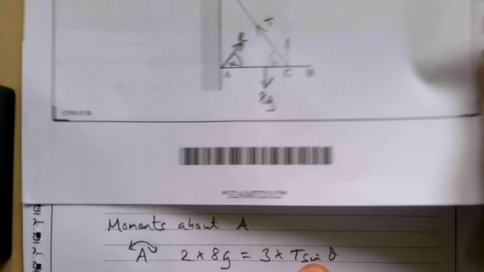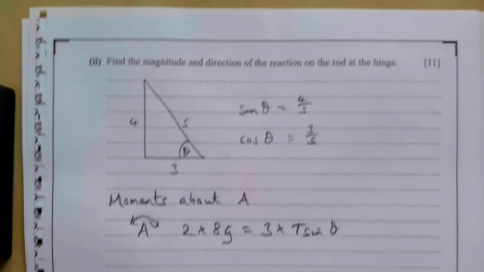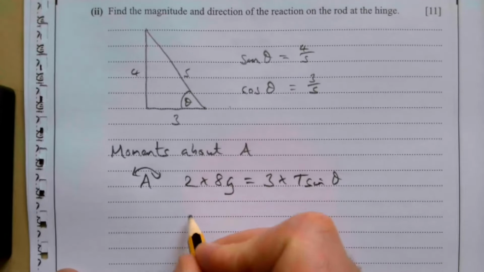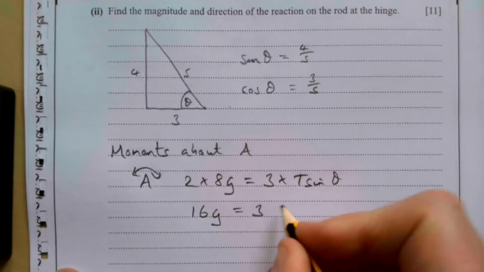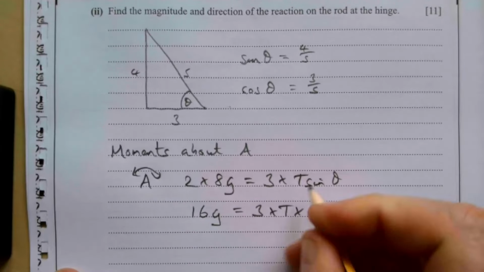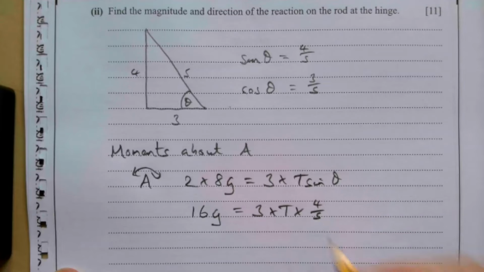But you never actually need the theta. You only ever need sine theta or cos theta, and it's much handier in that format. So we have 16g equals 3 times T times 4/5.